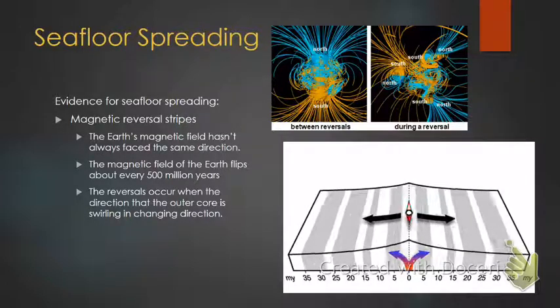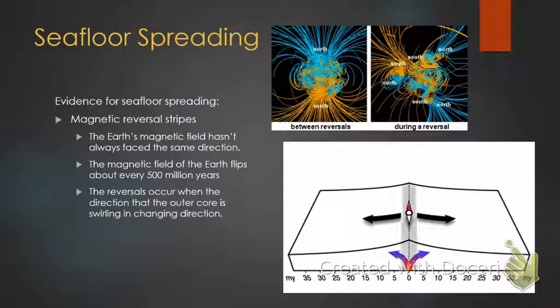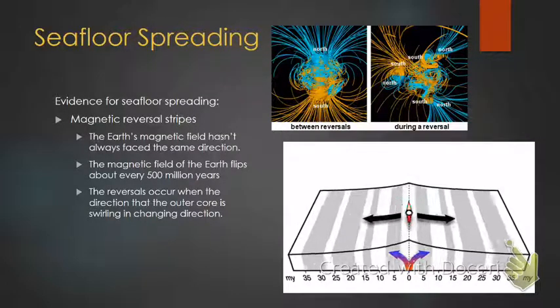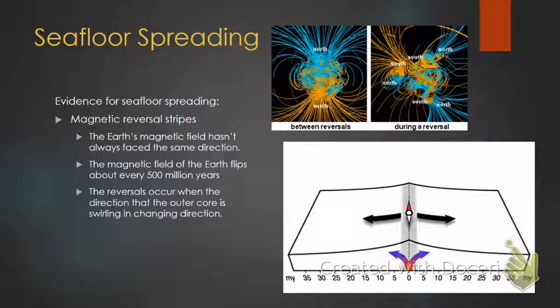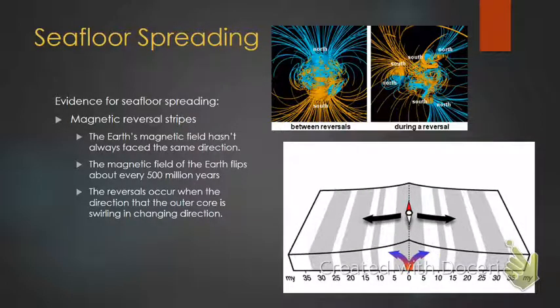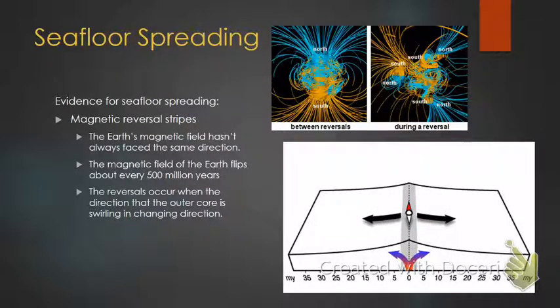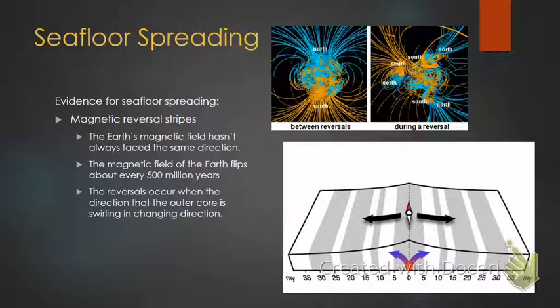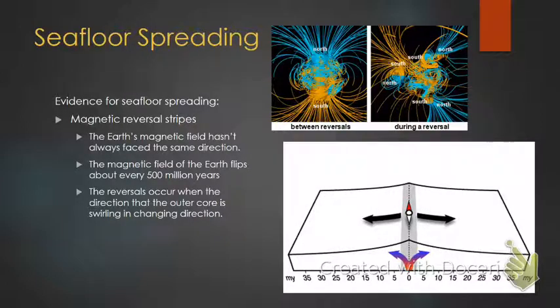If you look at the animation below, you can see that as that magma is freezing, depending on the direction of the polarity of Earth's magnetic field, the compass is changing direction. The dark lines represent when Earth's magnetic field was the way it is currently, and the white lines represent when it was reversed.